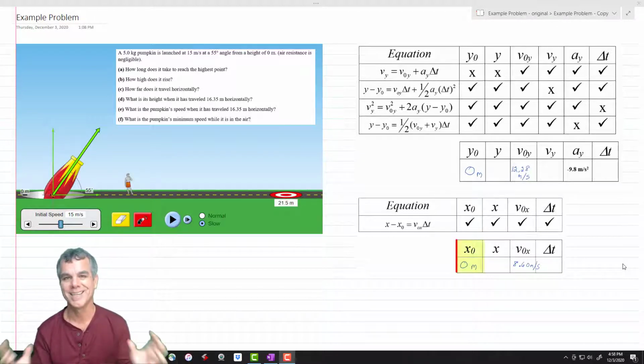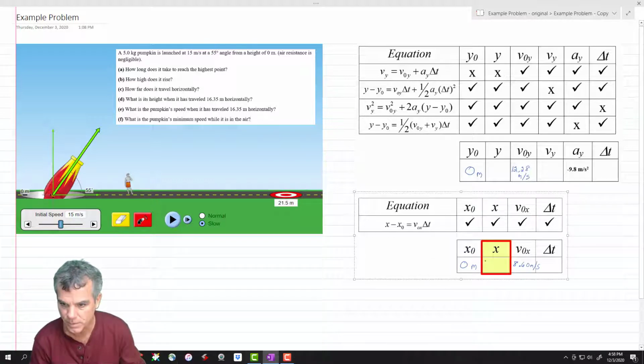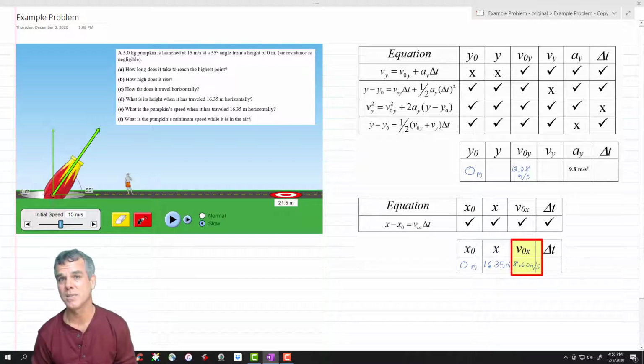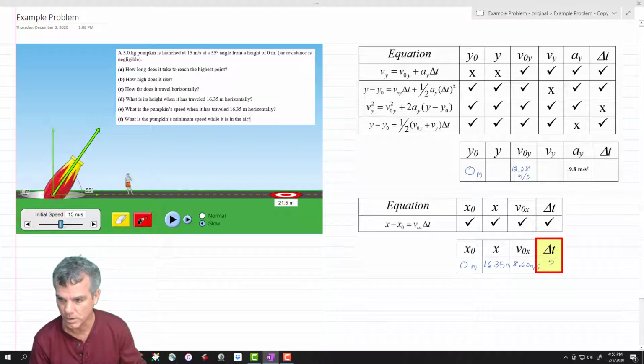So we know that x naught is 0, x is 16.35 meters. The initial velocity is 8.60 meters per second in the x direction, and delta t is what I'm looking for.